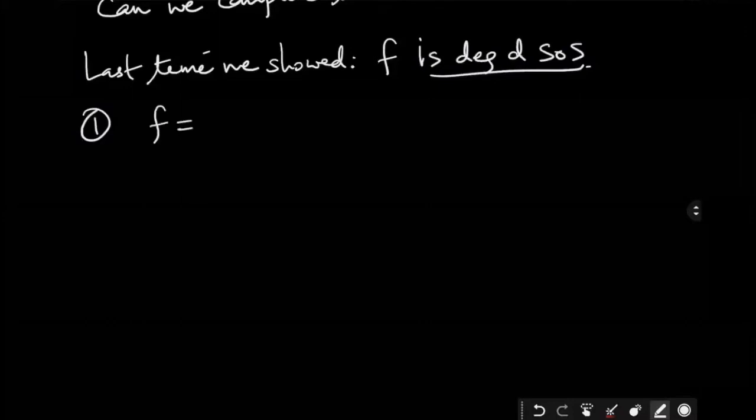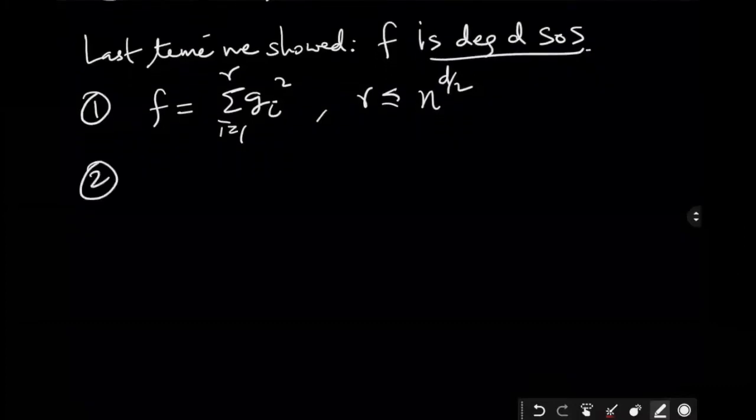Let's say f has rational coefficients of some bit complexity and has a degree d sum of squares certificate. Then we proved that you can assume the number of polynomials appearing in the certificate is small. So we can assume that f is the sum of g_i squared, for i from 1 through r, for r at most n to the d over 2. We showed that whenever there is a certificate, we can assume it's a short certificate.